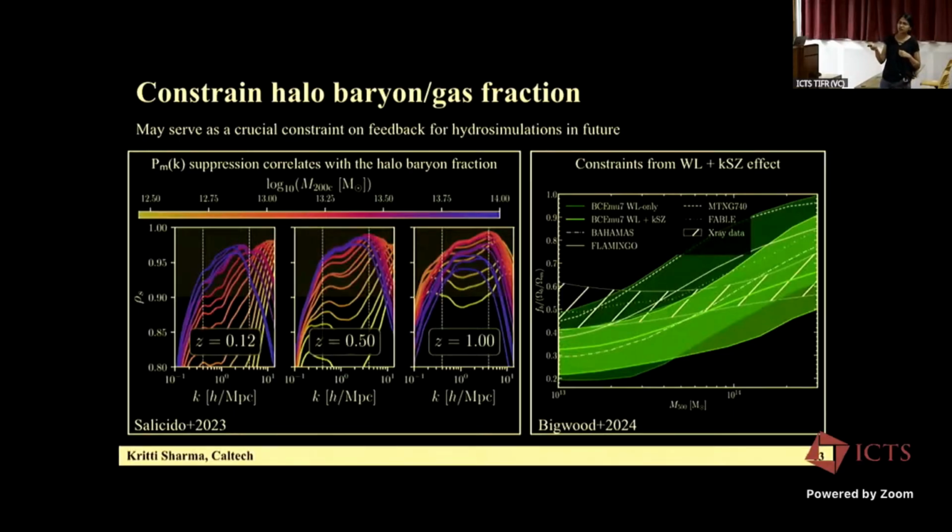You can see that the suppression at different scales correlates with different halo masses. This is a well-known approach where folks have used this to put constraints on baryon fraction in galaxy groups and clusters using X-ray data, which is basically independent of the actual X-ray data. So you can basically compare the two and see if there's any tension in measurements from different probes.